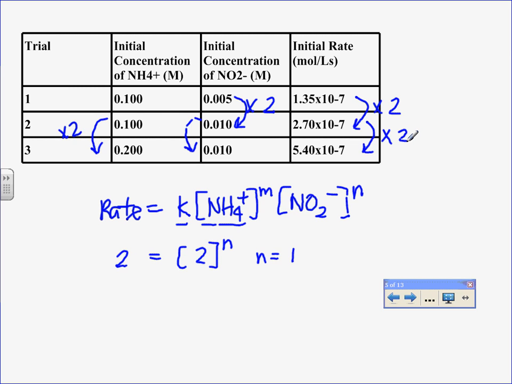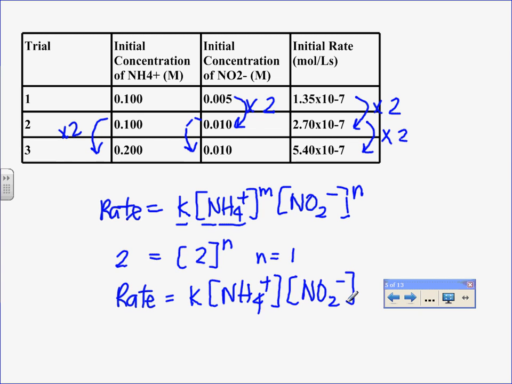As we saw from our previous example, when the rate is doubled with the doubling of the concentration, that means the exponent must be 1. So for this particular rate law, both the exponents are equal to 1. So the formal rate law is the NH4 plus times the NO2 minus.